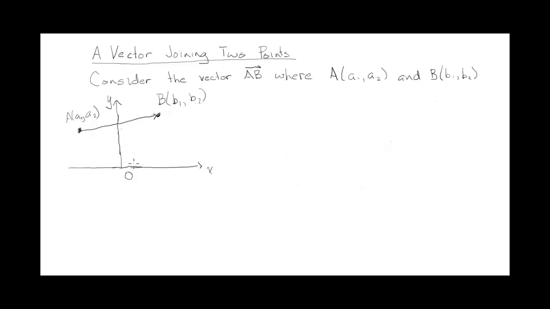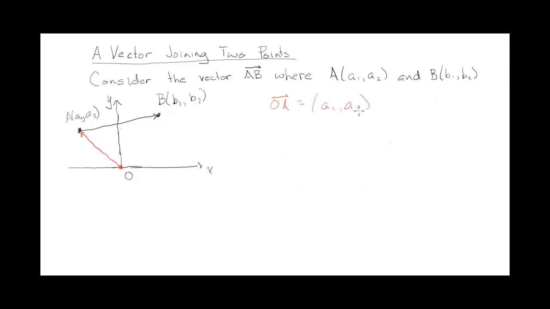So far, we've looked at how to write vectors if they're starting at the origin. So let's say you have the vector starting at the origin and going to this point A. So that's the vector OA. Then we know that we can write that using the coordinates A1, A2.